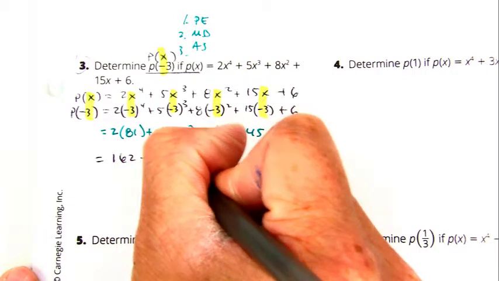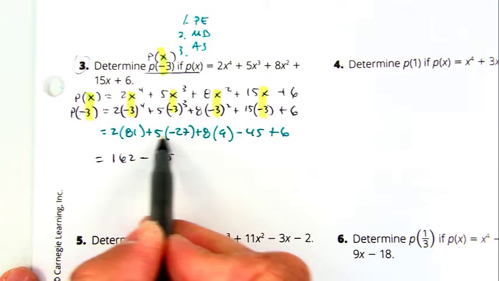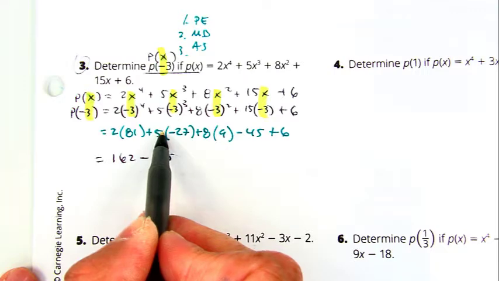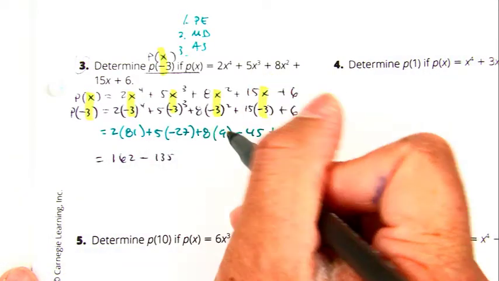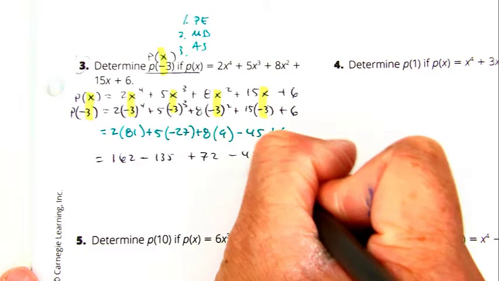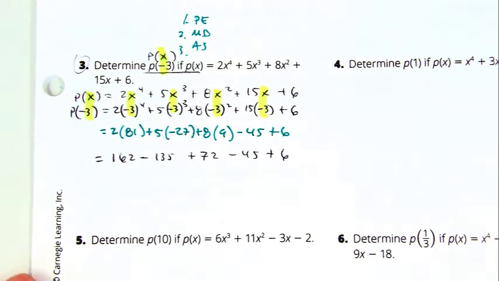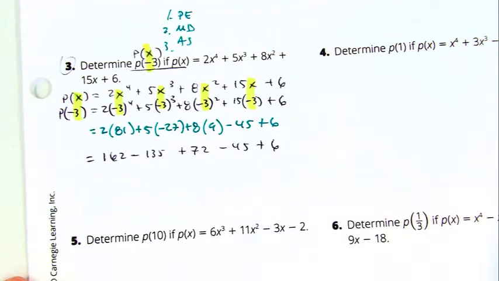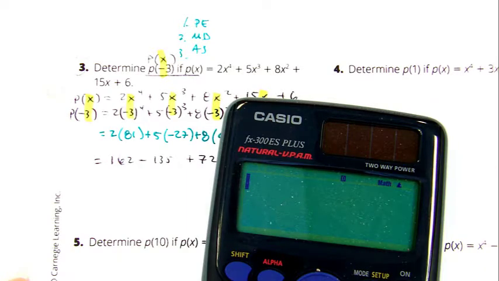Now, be careful here. You're not subtracting. Remember, when you have no math operation there, it's multiplication. 8 times 9. 72. And a nice thing, if you have a calculator that has a bigger screen, you can actually input all of that at once.